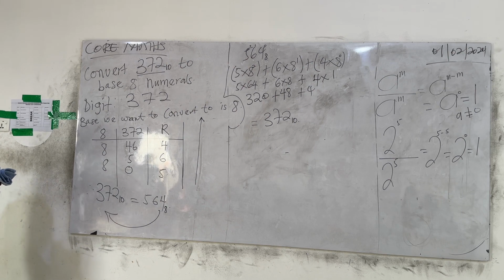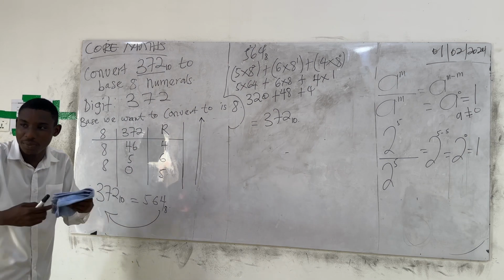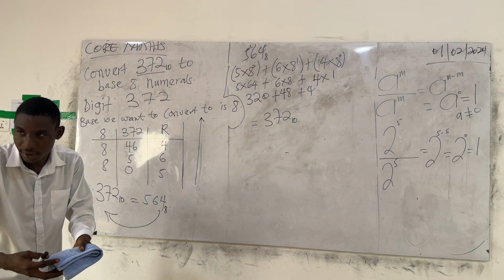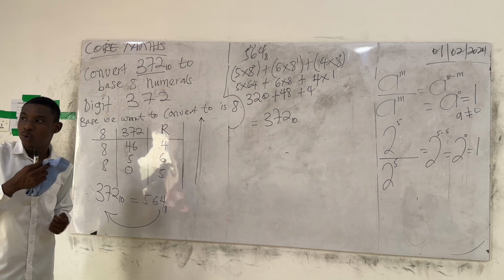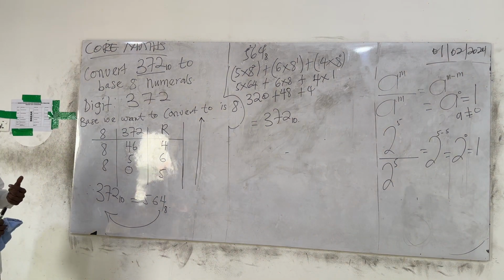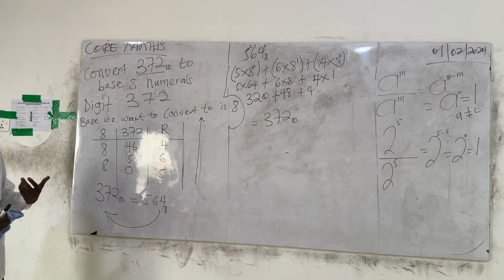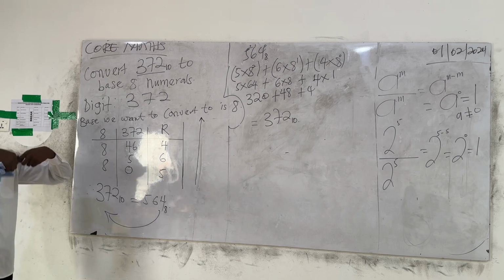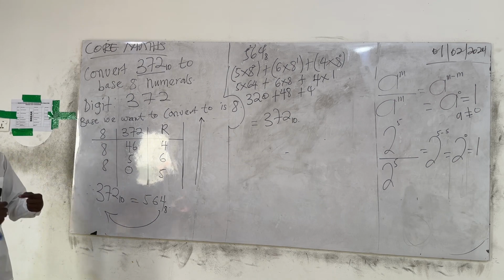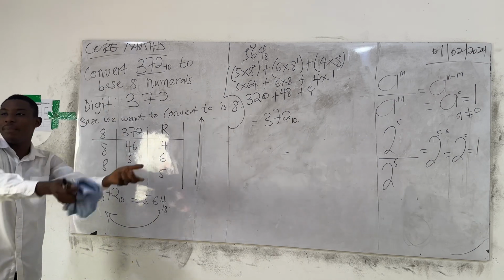So we have done how to convert from any base to base 10. You get it? Then today, we have also learned another concept. What if the digit is already in base 10, and we have to convert it into any other base? What do you do?